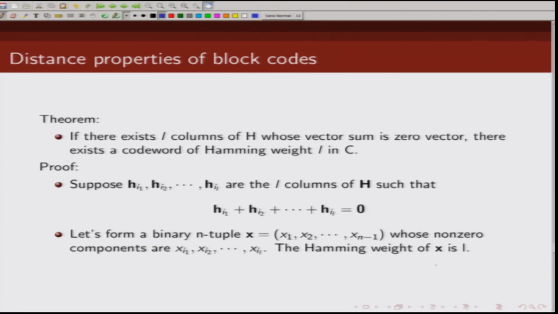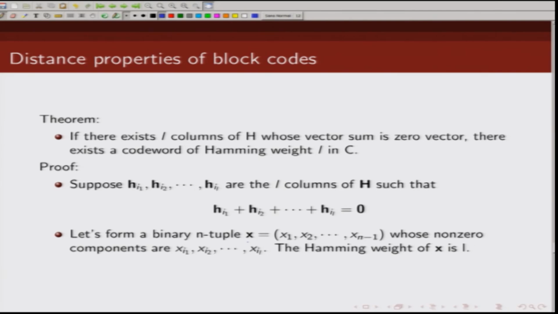So, the Hamming weight of x is L. Now, we want to show that if there exist L columns of this parity check matrix H whose vector sum is 0, then there exists a code word whose Hamming weight is L. So, next we are going to show that if this condition happens and there is an n-tuple whose Hamming weight is L, then this x has to be a code word.